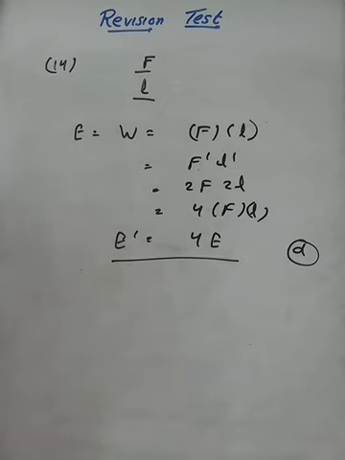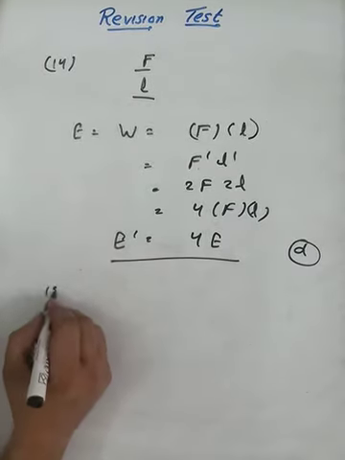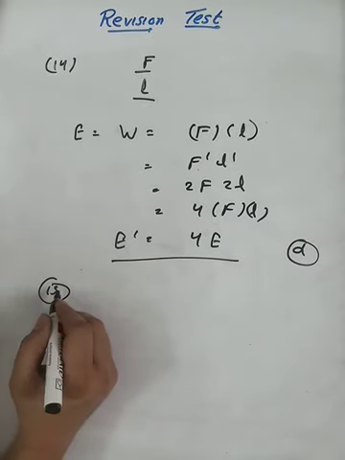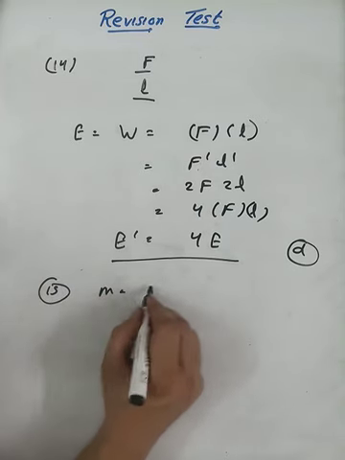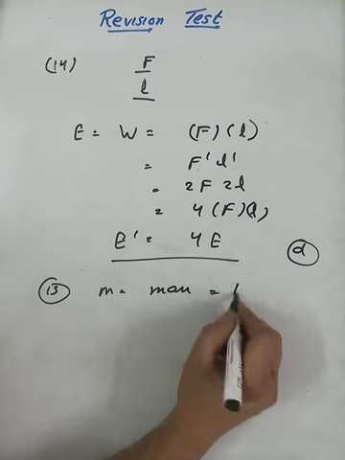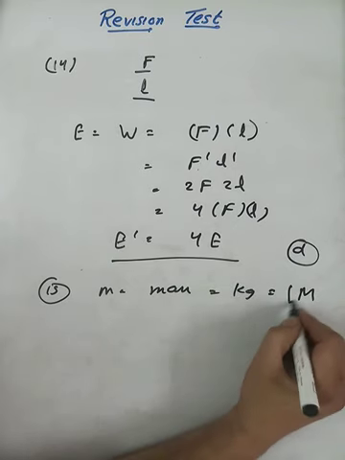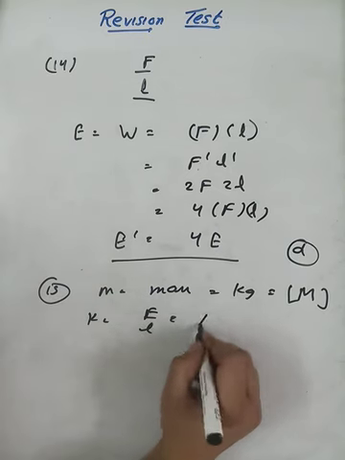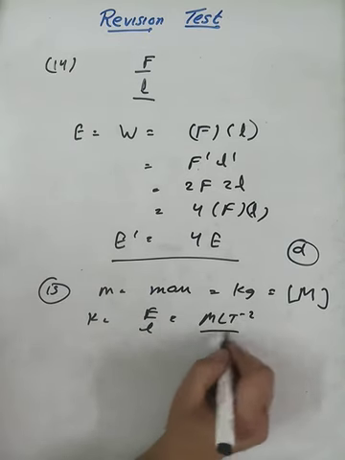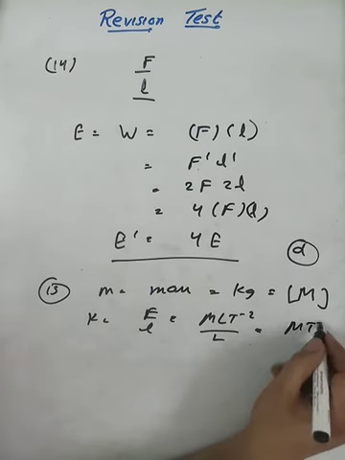Now next, the 15th one. If m is the mass and k is force per unit length, m is mass having unit kg, dimension M, and k is force per unit length. Force is MLT^-2 upon L, so it is MT^-2.